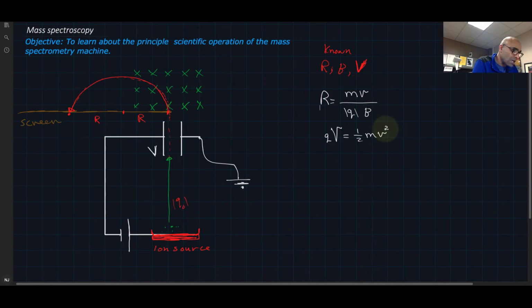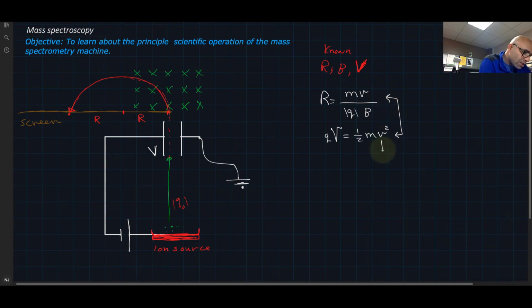Now we can put these equations together and end up with an equation that gives us the mass of the ion we're looking for. So how do we do that?